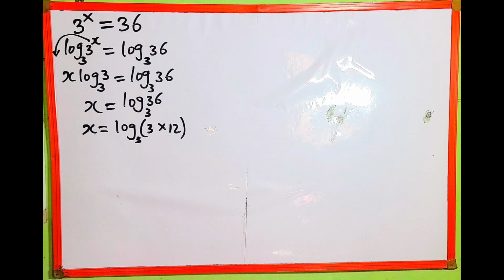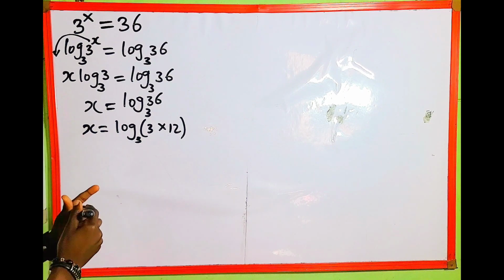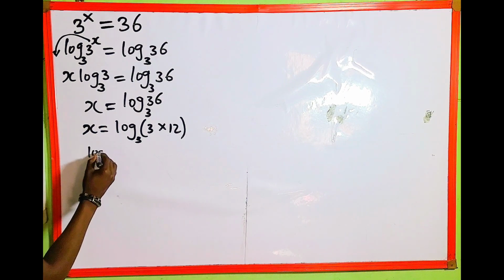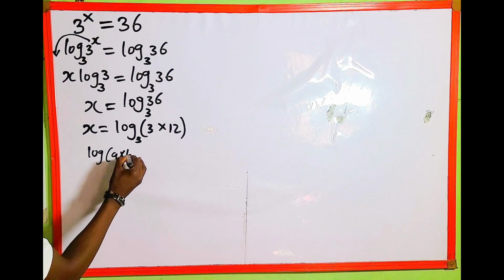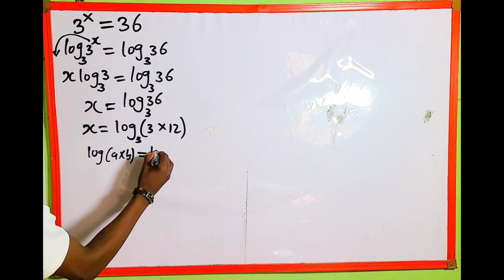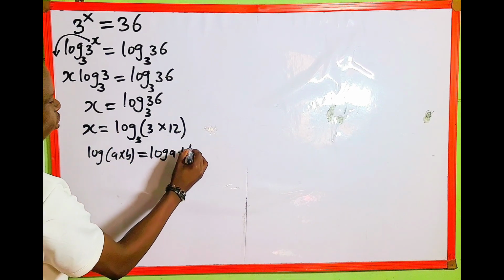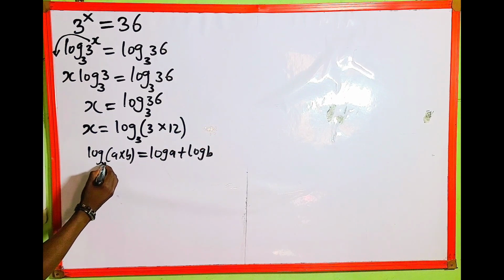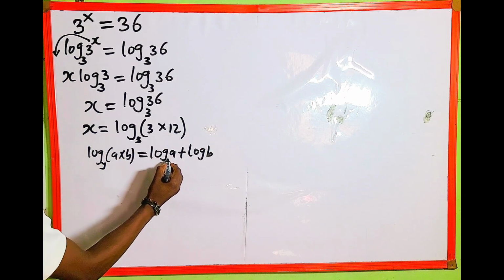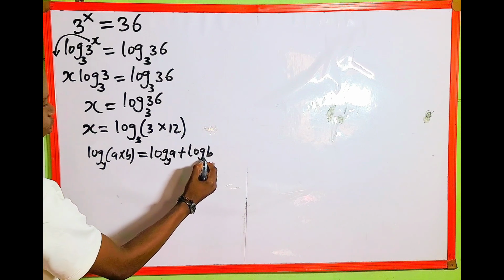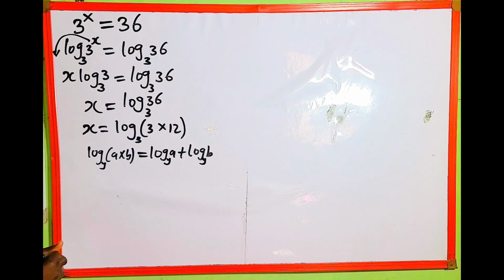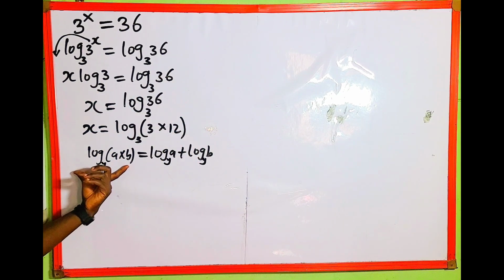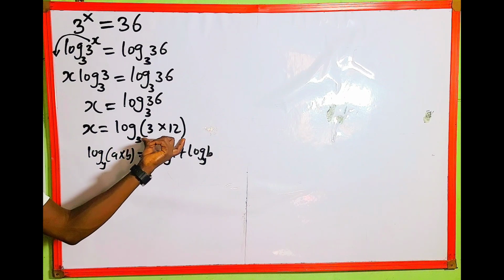Now we're going to recall one of the properties of logarithm again. We see that when we have log of a multiplied by b, this is the same as what? Log of a plus log of b. For instance, if there is a base here, let's say base y, here will be log a to base y plus log b to base y. So this property, as you can see, the left hand side of this property is the same as the right hand side of this equation.